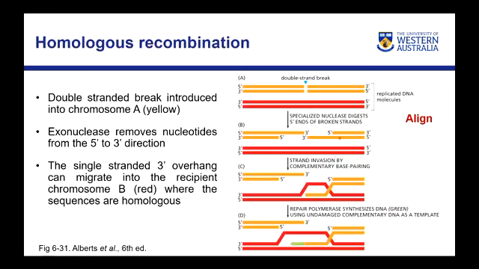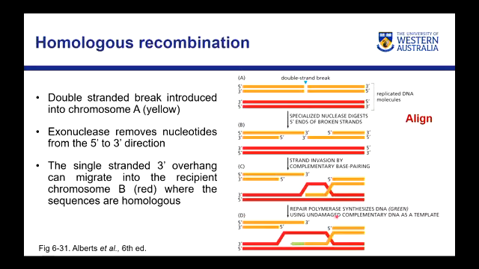So here you can see that this bottom strand, this 3' end, has invaded into this red chromosome, and complementary base pairs with it because the sequences are the same.